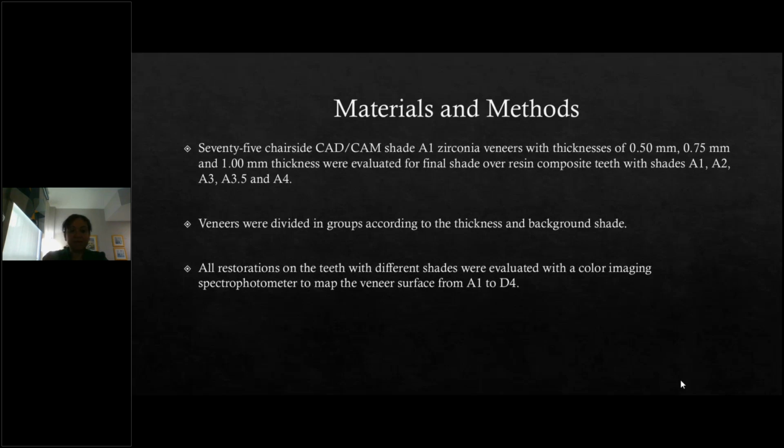Veneers were then divided into groups according to thickness and background shade. Then all restorations on teeth with different shades were evaluated with a color imaging spectrometer to map the veneer surface from A1 to D4.